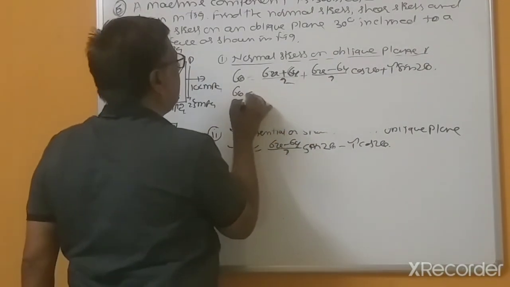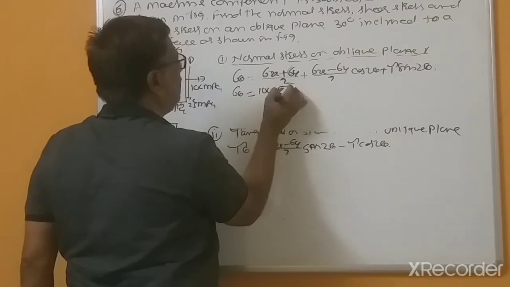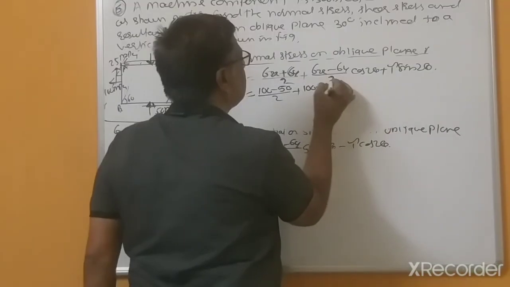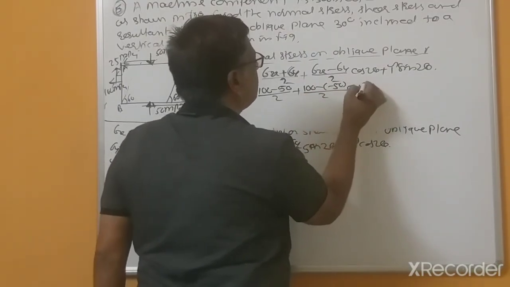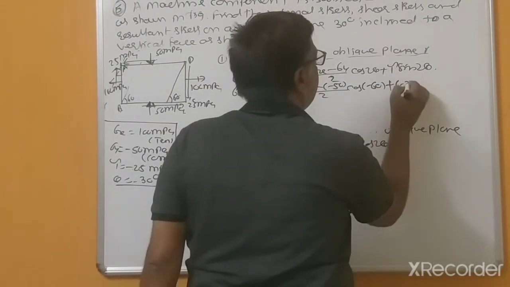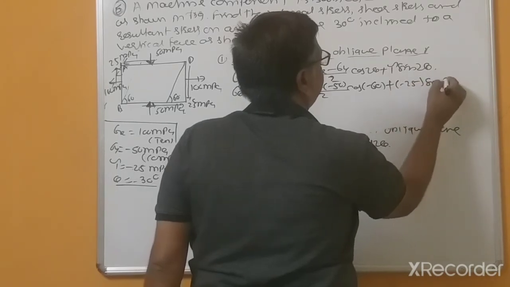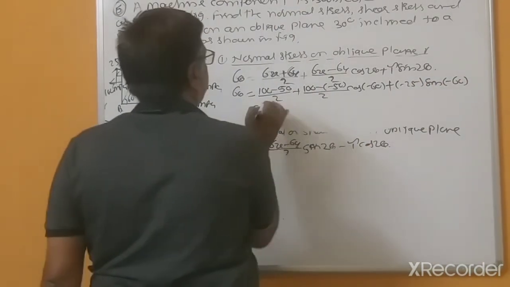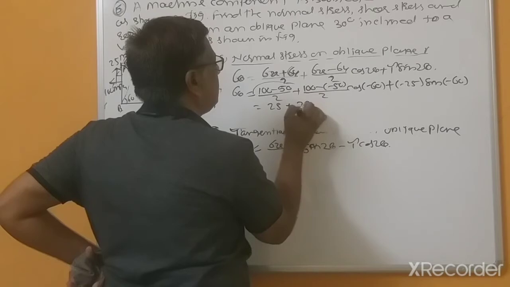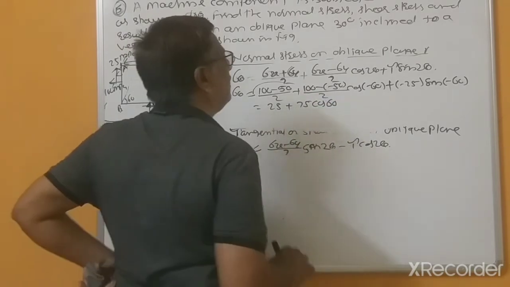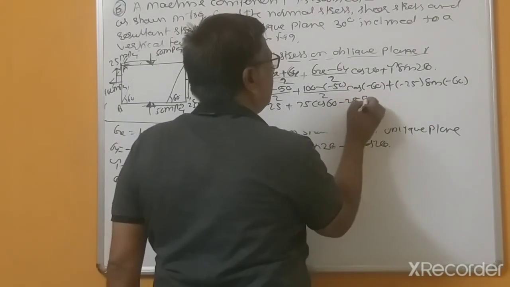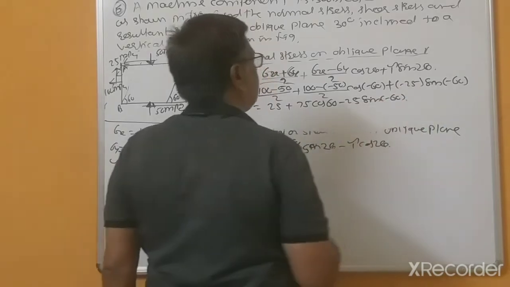So sigma theta equal to 100 minus 50 divided by 2 plus 100 minus 50 divided by 2 cos of 60, minus 25. So this is 25 plus 75 cos 60. This minus means cos 60. This is minus 25 sin minus 60.